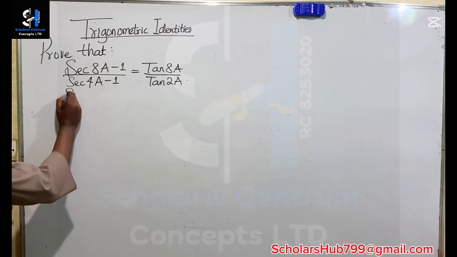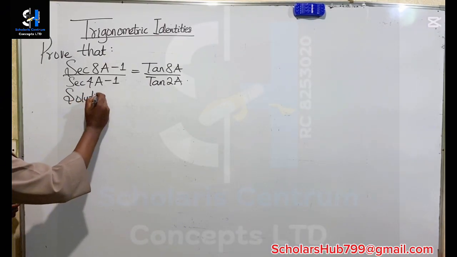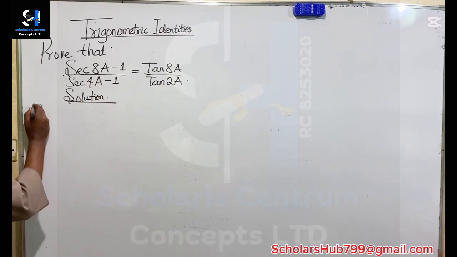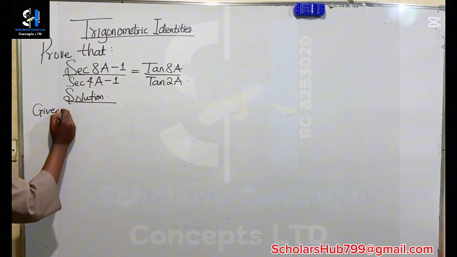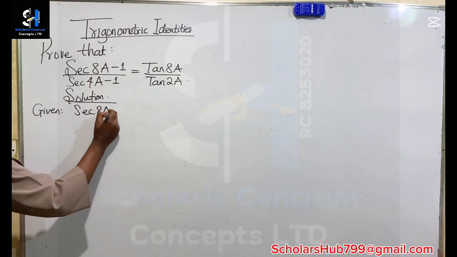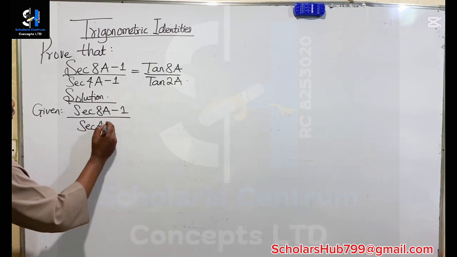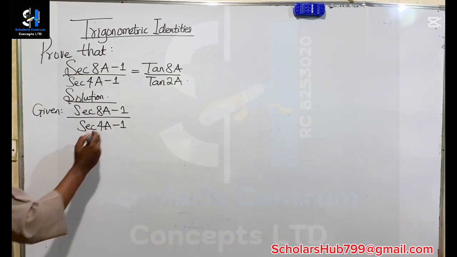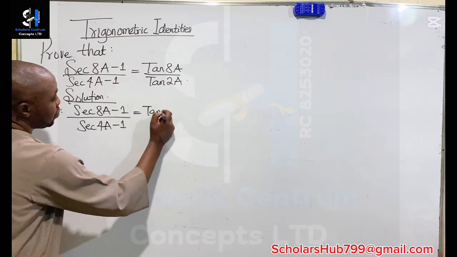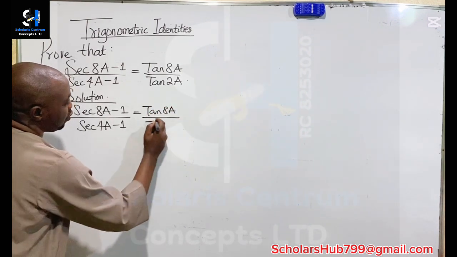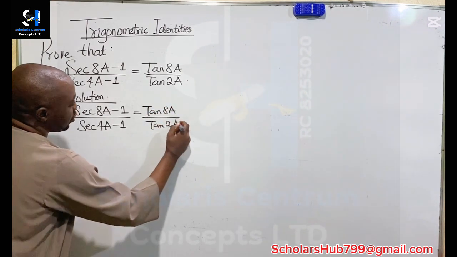Now, to be able to prove this identity, we are given (sec 8a minus 1) over (sec 4a minus 1) equals tan 8a over tan 2a.